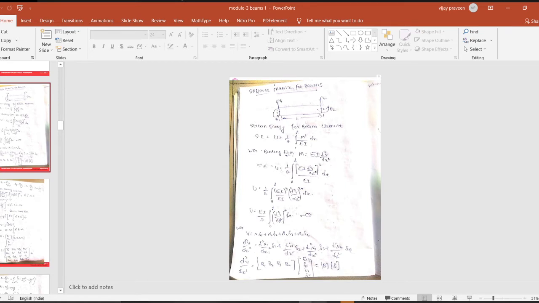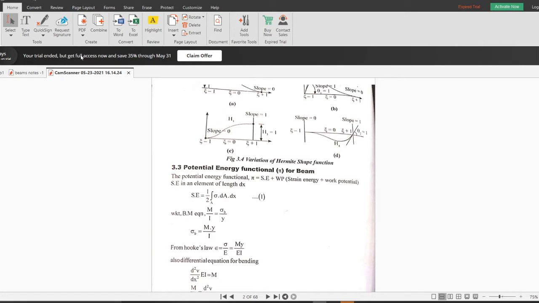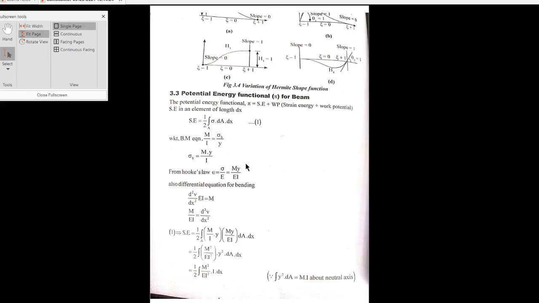That is known as the differential equation for the bending moment. Also M by I equals E by y. Taking EI to this side, d square v by dx square is left on the right hand side.